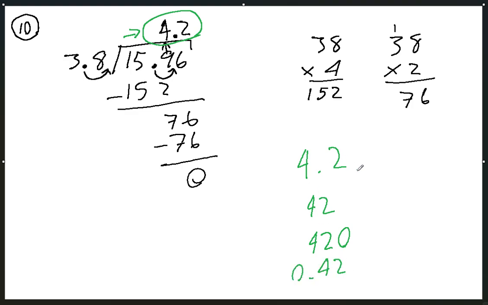Even though they all have the digits 42, they are completely different: 4.2, 42, 420, and 0.42. But in this case, our answer is 4.2. Easy peasy.